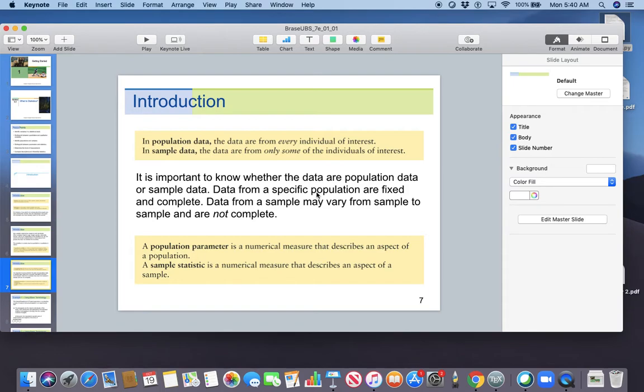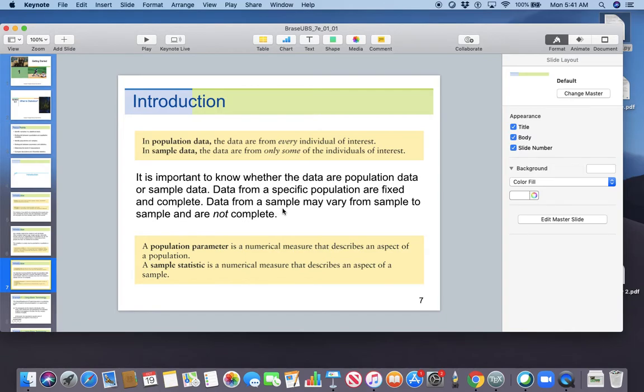So suppose I went through library books and whatnot, and I got information for every single person in that population. Well, then that data is complete. Okay, but if I chose 100 people to look at, then that is one sample.